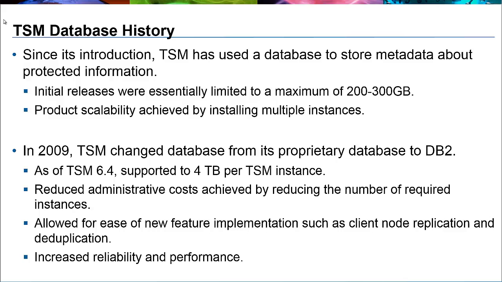Now, the way users dealt with that limitation was to install multiple instances of the TSM server. So if they needed more than 300 gigabytes, they essentially cut another instance of the product.